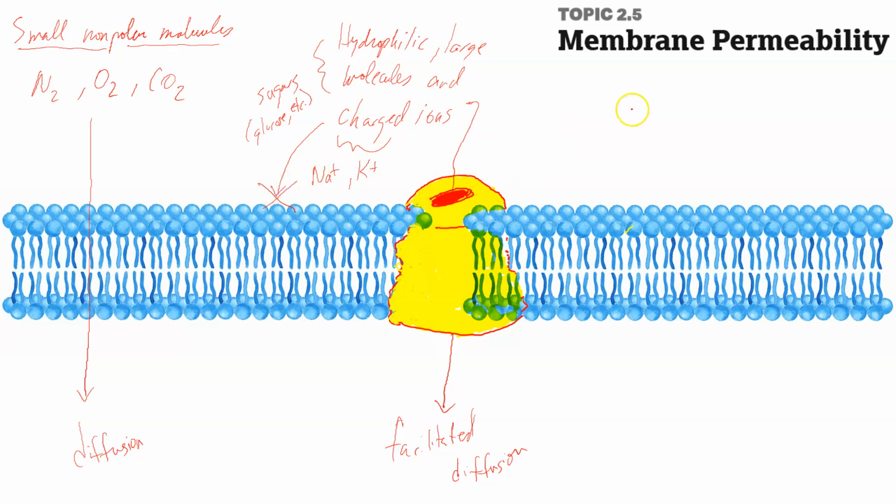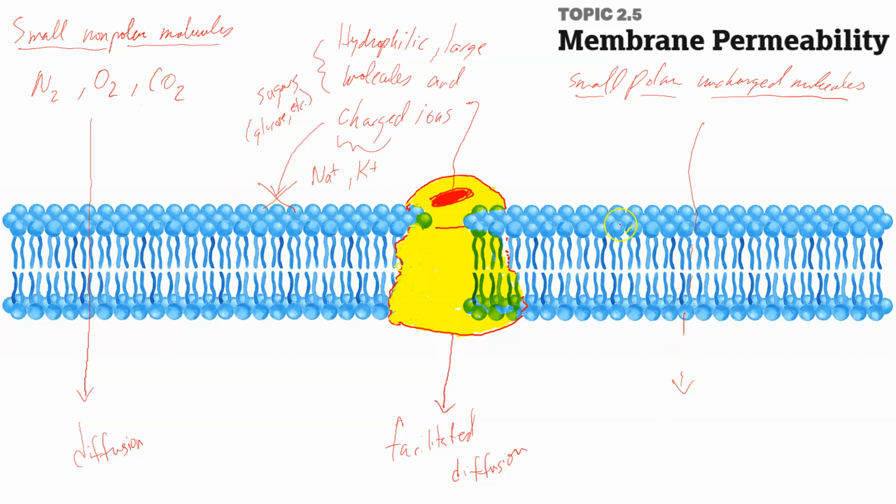Okay. One of the important things that can go through are polar, uncharged molecules, typically small. Small polar uncharged molecules can diffuse freely through the membrane, although probably not quite as easily as these small nonpolar molecules on the far left.